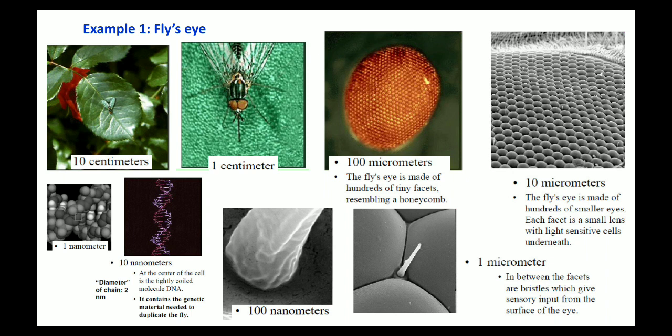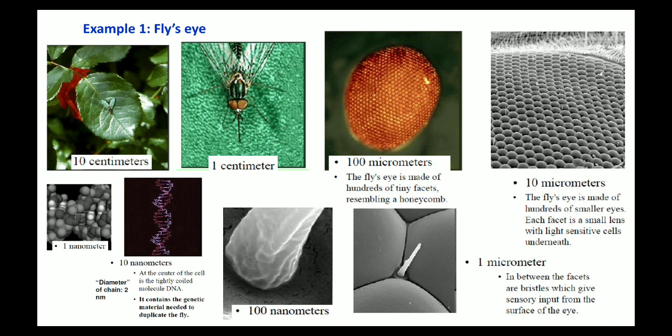If you take the SEM image at 10 micrometer, then you can see the fly's eye is made up of hundreds of smaller eyes. It is not a single eye, it looks like a single eye to us because the distance is so high, like 10 centimeter, 1 centimeter.